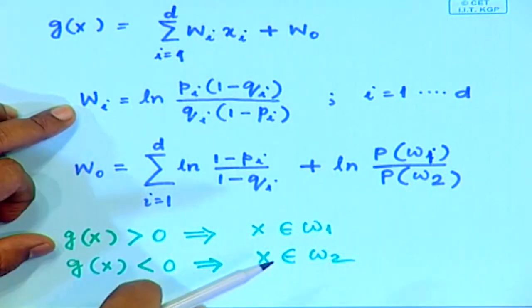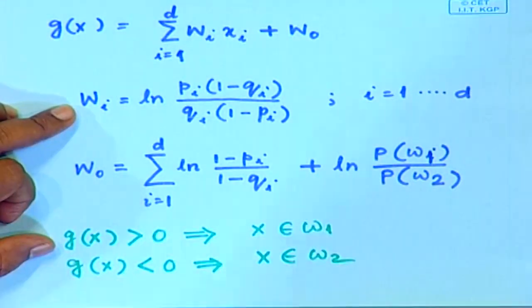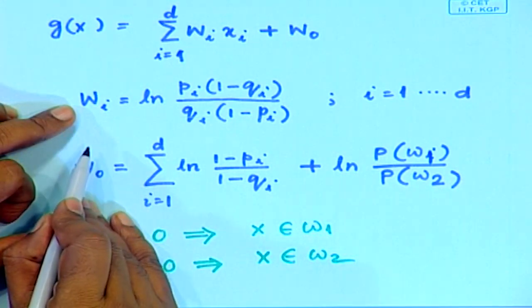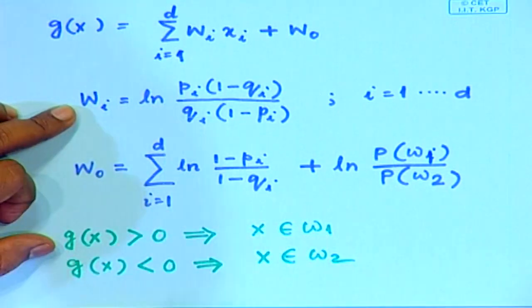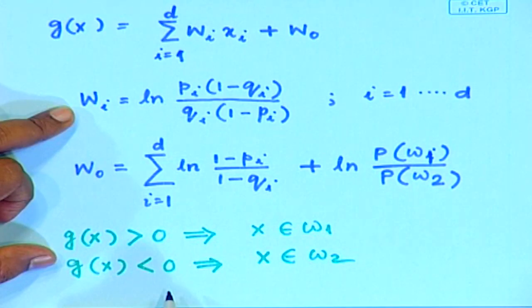Whether it will be less than 0 or not depends upon the other wi into xi terms. But what xi is trying to do in this case is give a vote equal to the modulus of wi in favor of class omega 2, because it is subtracting.